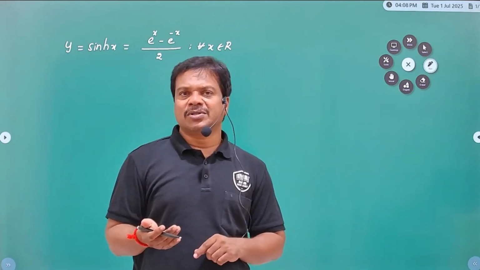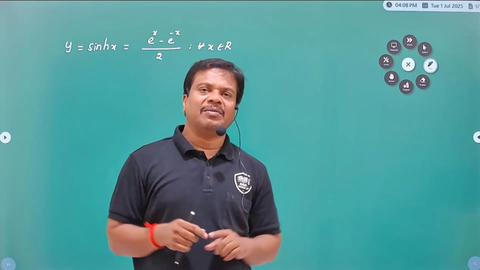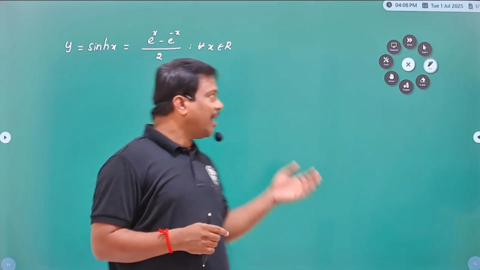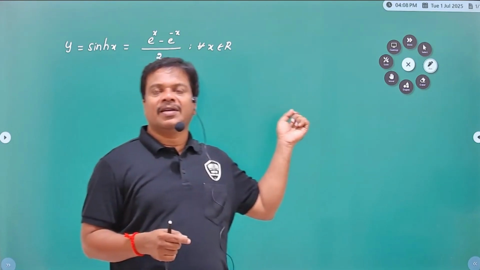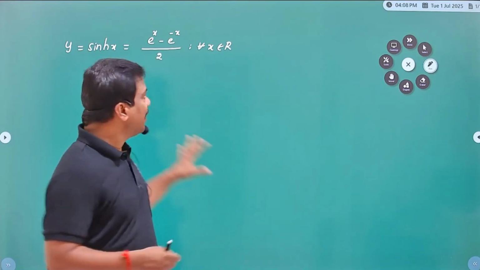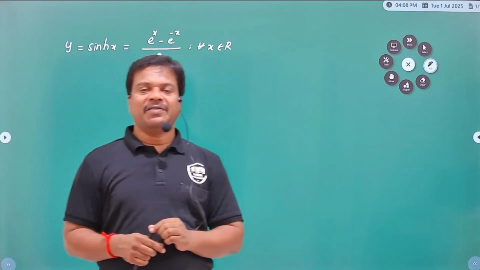Corresponding outputs you have to write in a tabular form, and then after plotting the graph in the Cartesian coordinate system, you will get the entire graph of the given function.